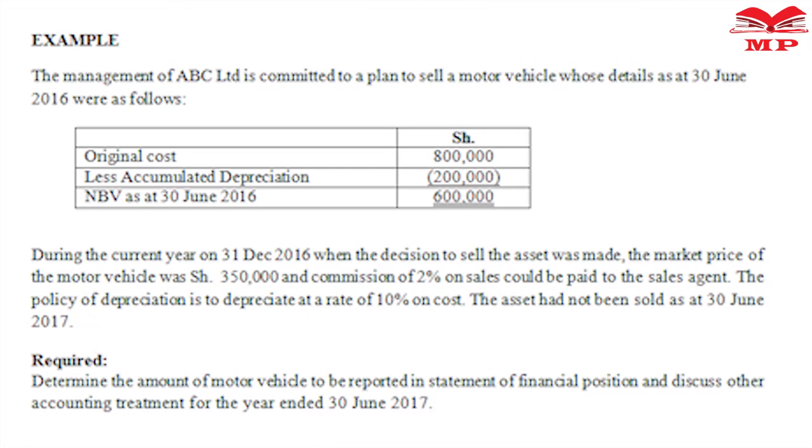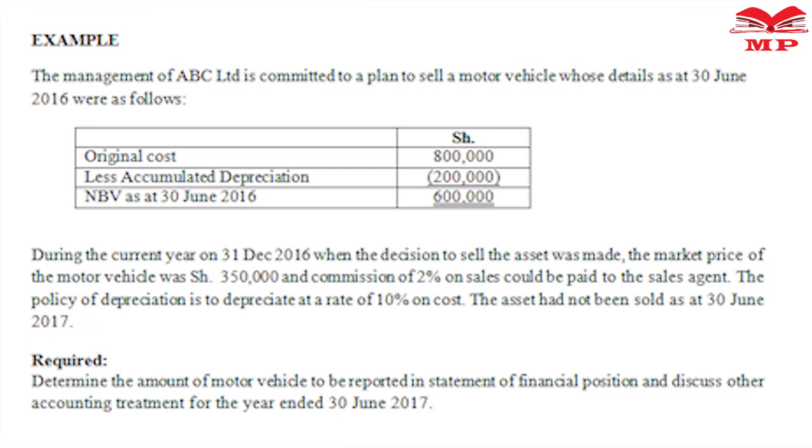That's the fair value. But we need to deduct the expenses we are likely to incur. There's a commission of 2% that needs to be paid on the sale, so 2% on 350,000, meaning 98% could be received after paying the sales agent. The policy of depreciation is that we need to recognize depreciation at 10% per annum on cost.